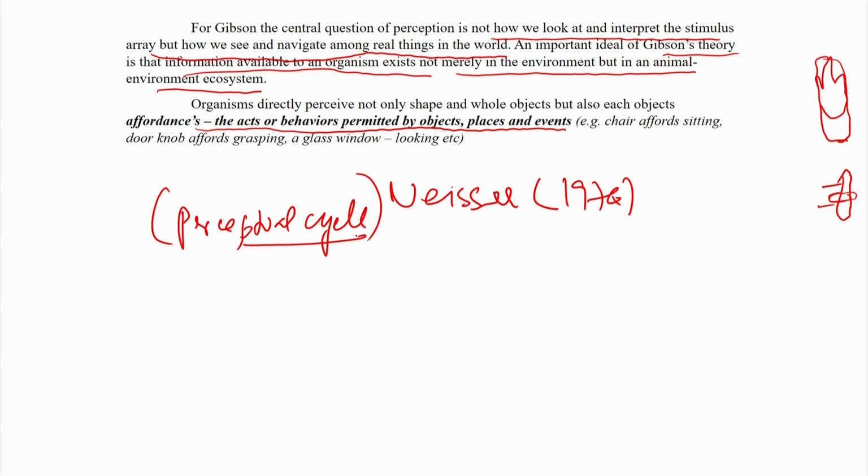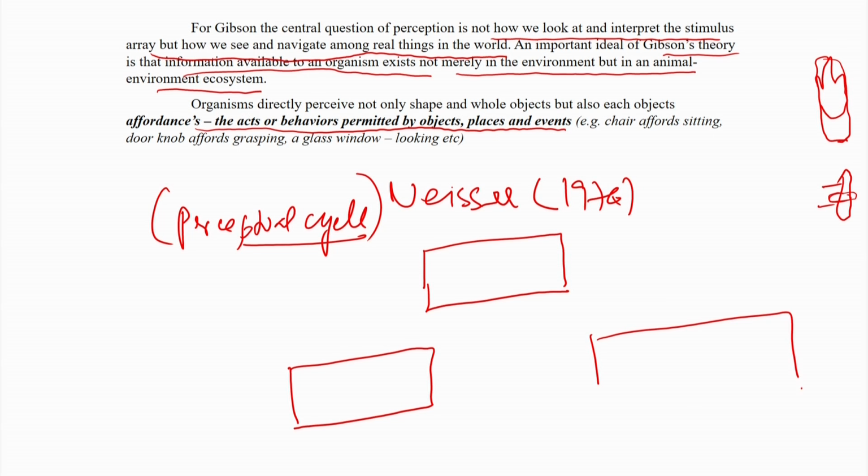Now, what this perceptual cycle says is that the Gibsonian view and the classical approach to perception combine in this way.